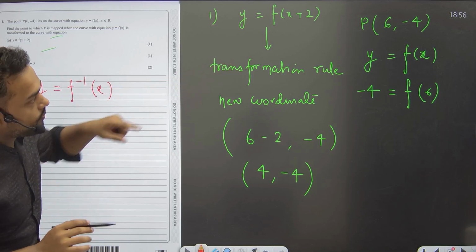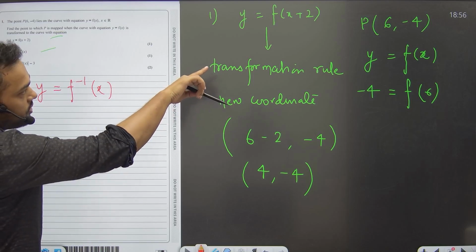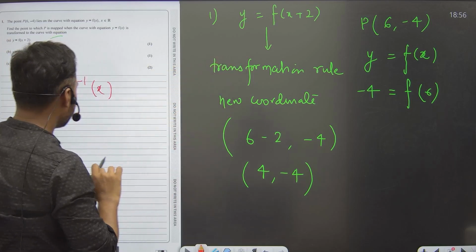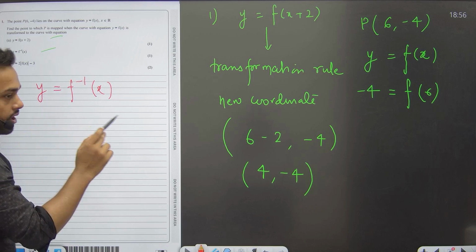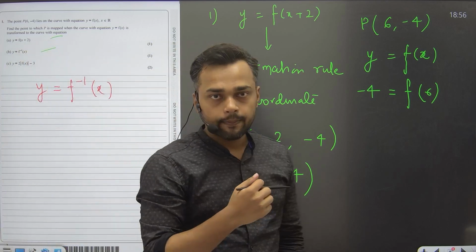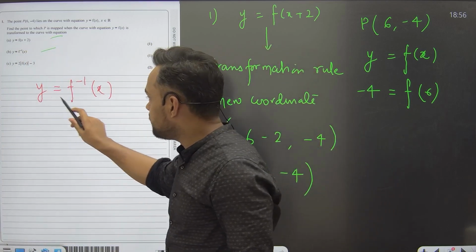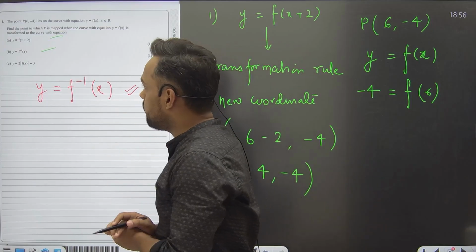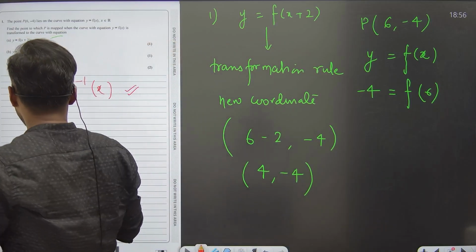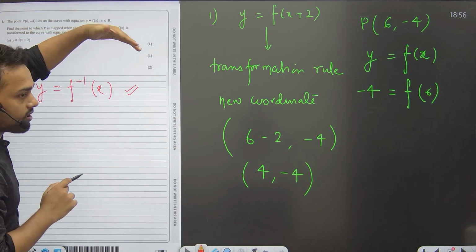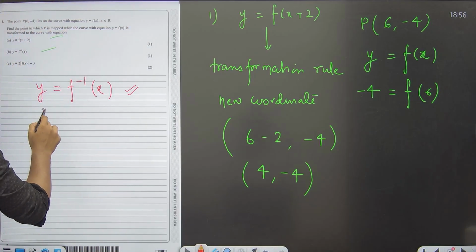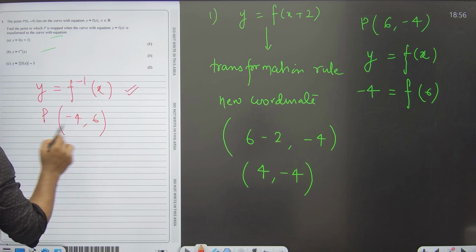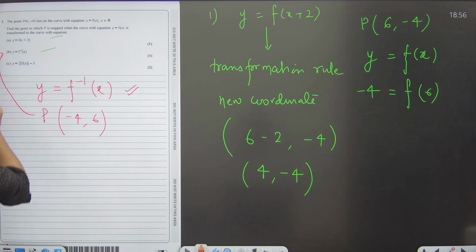If you are saying that P, that particular coordinate 6 comma minus 4 is lying on the function, so we know that coordinates get swapped, because here y equals function inverse of x. So in this case the coordinate will be swapped, means the x-axis will become y-axis and y-axis will become x-axis. So the point will be negative 4 comma 6. Okay, this is the solution of second part.